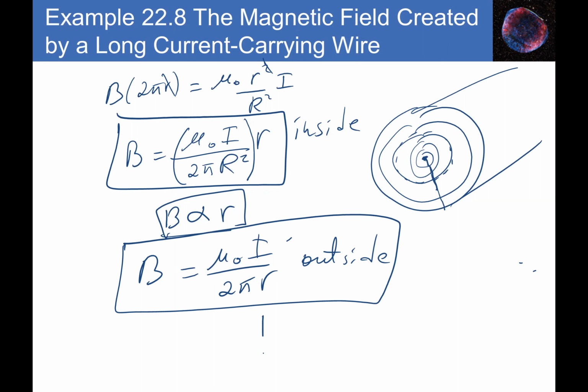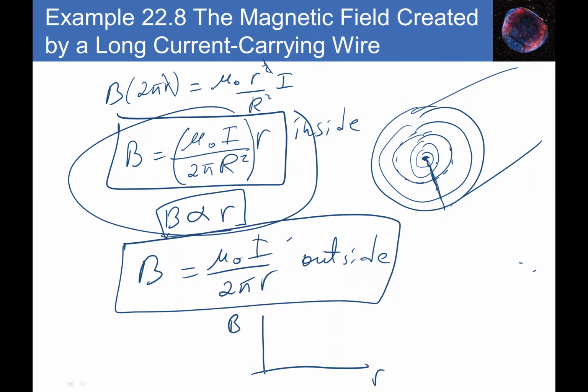And if I do a graph where this is magnetic field as a function of distance, you can see that as I start from the center of the conductor and increase distance, my magnetic field increases according to this equation. It increases all the way until I reach the radius.